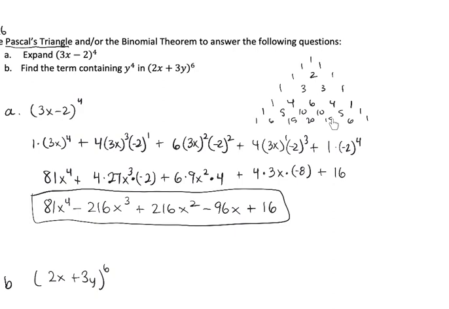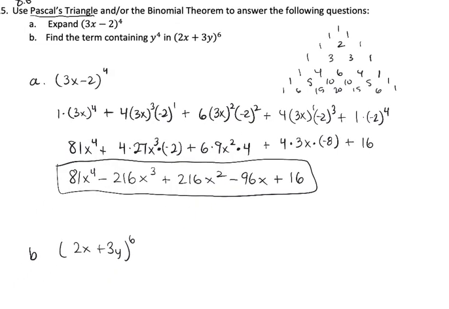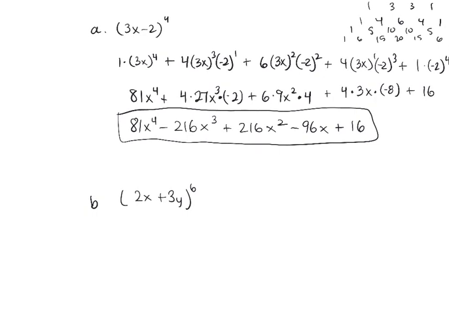So we need this as the coefficient. This is the coefficient of the term that has a y to the 4th. It also has an x squared. So we're going to take that 15 as the coefficient. The first part of this, 2x, is going to be raised to the 2nd power. The next part of it, 3y, is going to be raised to the 4th power.